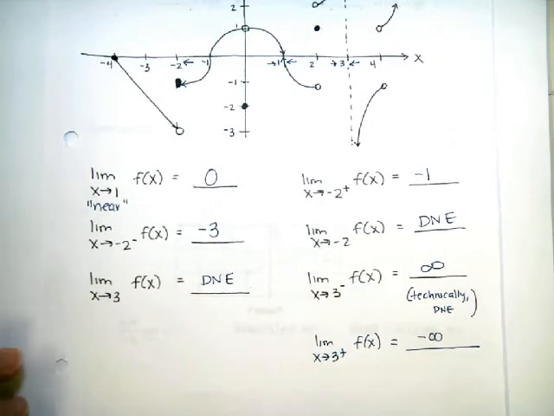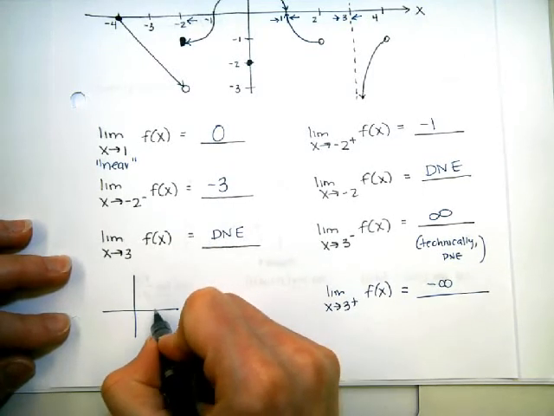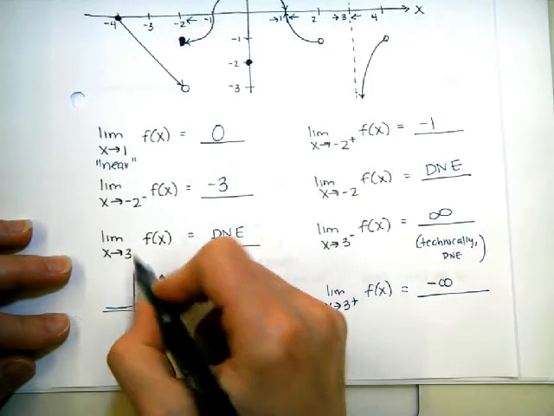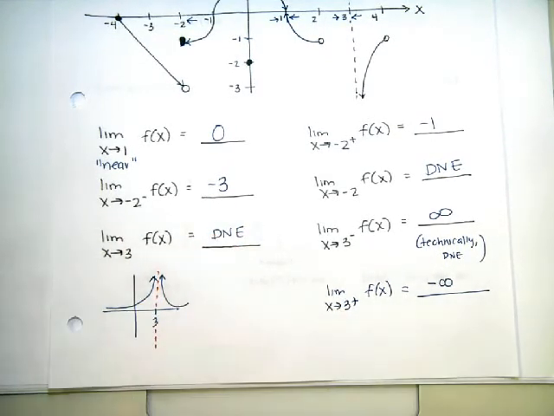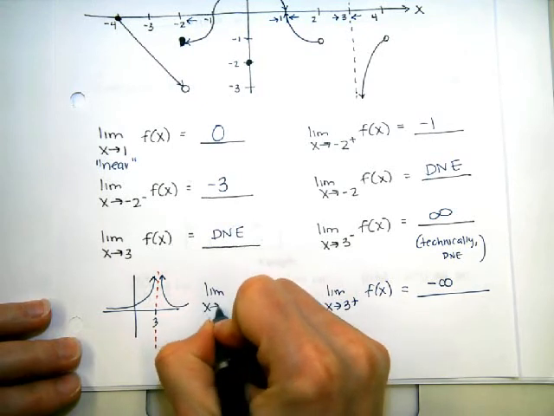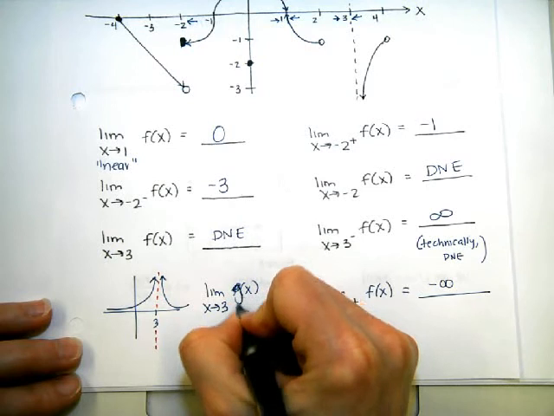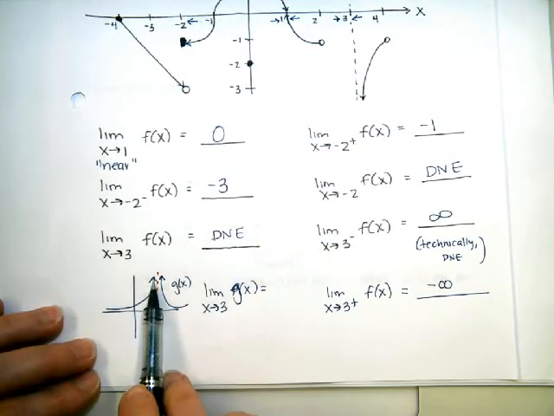Let me give you another little example. If we had a situation, I'll just draw, let's say this is at 3, where we had a vertical asymptote at 3, but both directions were going up to positive infinity. In this particular case, maybe I'll say this is g of x. Now the left-sided limit would be infinity, right?